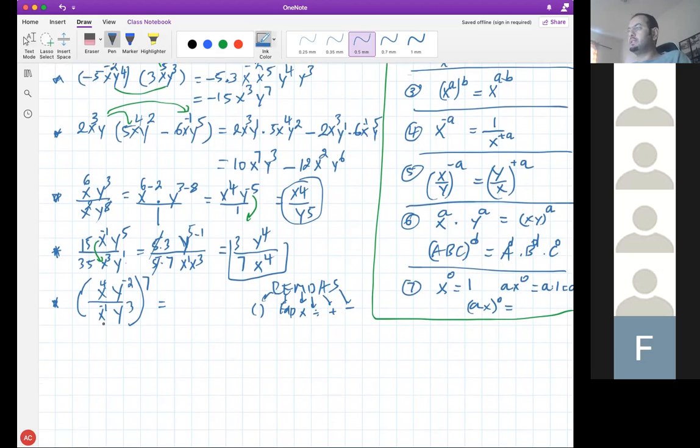Okay, so let's focus inside now. What happens inside the parentheses? Take the negative first. Move the negative. So x^-1 moves up to make it positive, and y^-2 moves down.